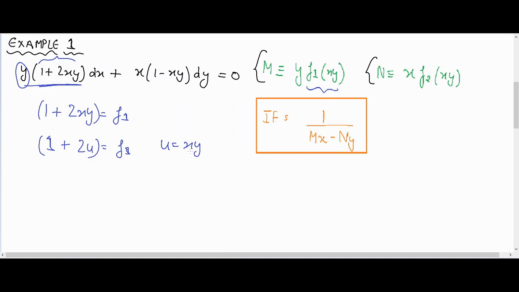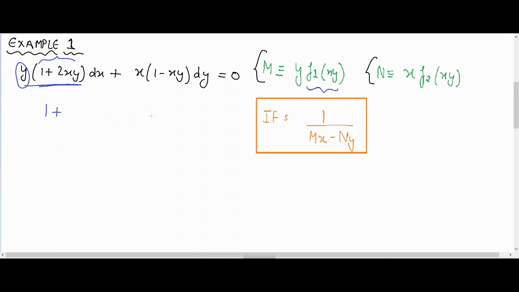So always remember, x and y should always be in multiplication. Whenever there is an x, there is a y multiplied with it, right? And here also we can say this is 1 minus xy, this is f2, and this is also a function of xy, and there is also x in multiplication. So the condition required to use rule number 3 is clearly here.